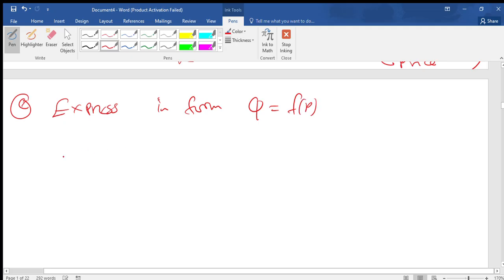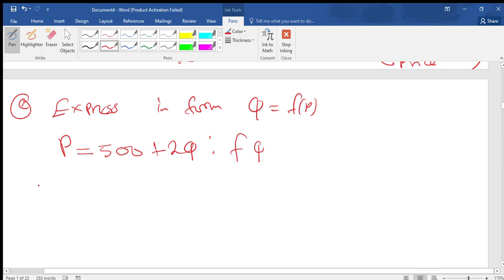So what we have been given is P equals 500 plus 2Q. This function is in the form of F of Q. What we are looking for is the form of F of P. It means make Q the subject.